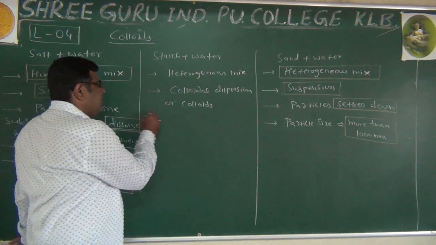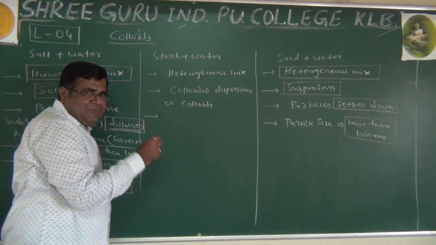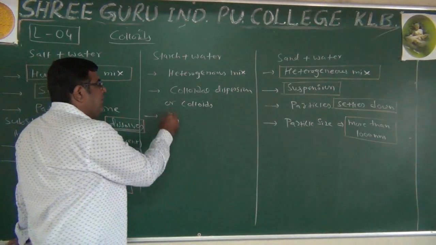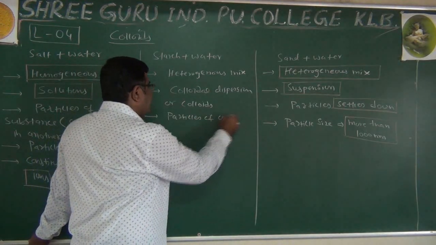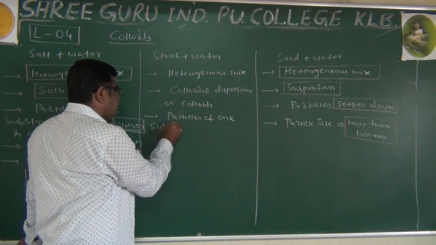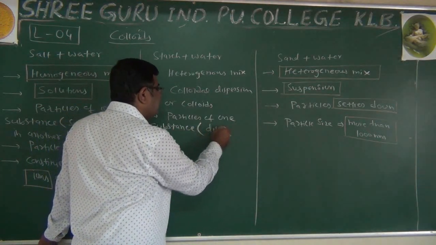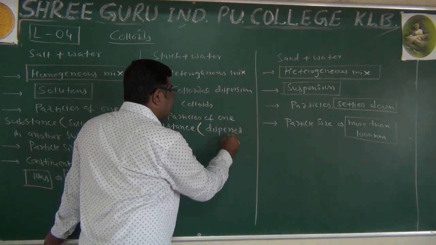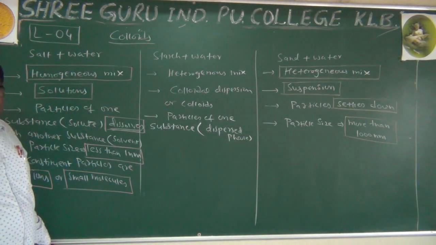Now what happens here? See the difference here. Dissolves, settles down, and see what happens here. Particles of one substance, we call it the dispersed phase.